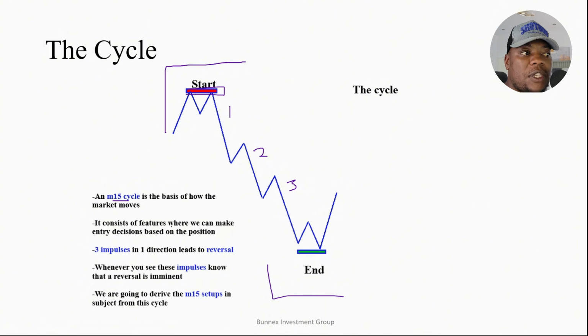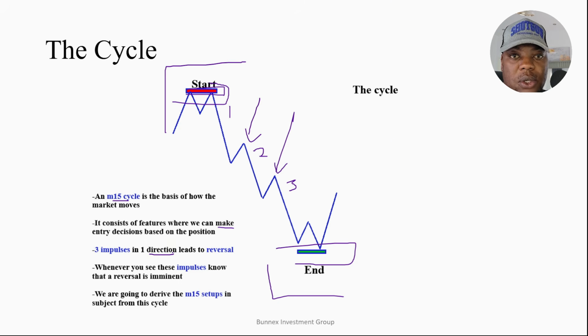So it consists of features where we can make entry decisions based upon the position that we are looking at. So we may make decisions at these particular points, or at the end, or at the start of that particular cycle. I'll show you two scenarios where you can make highly accurate points of entry, especially in these highly volatile times. So 3 impulses in one particular direction leads to a reversal.